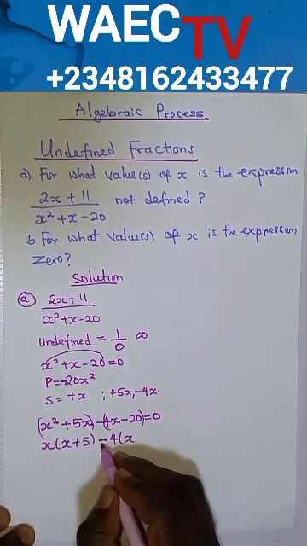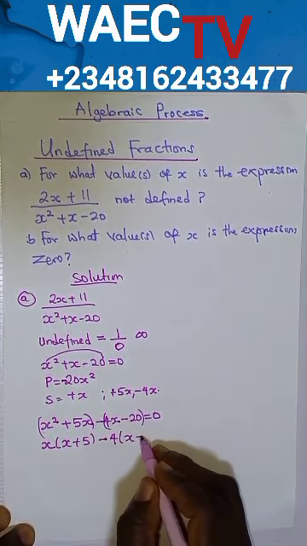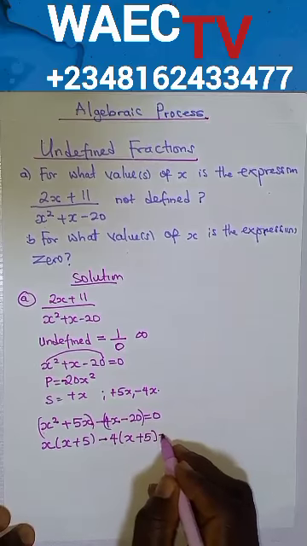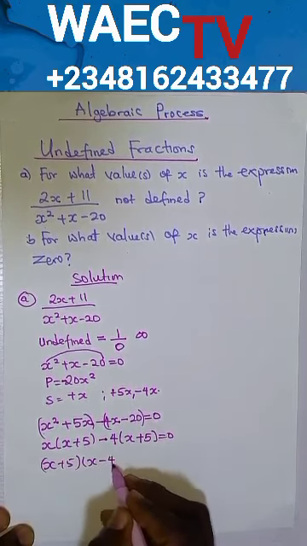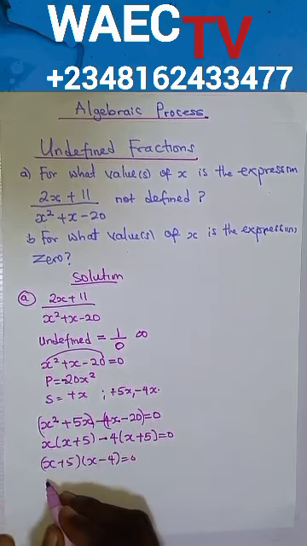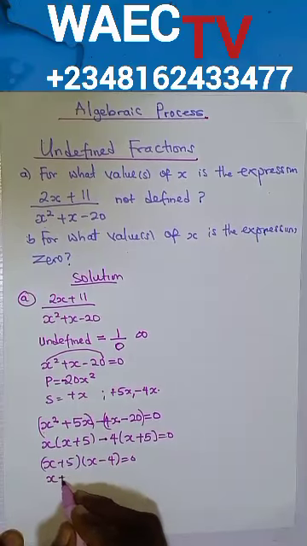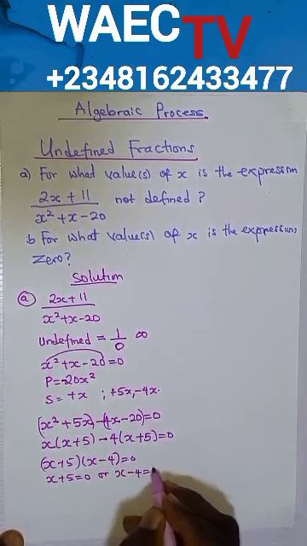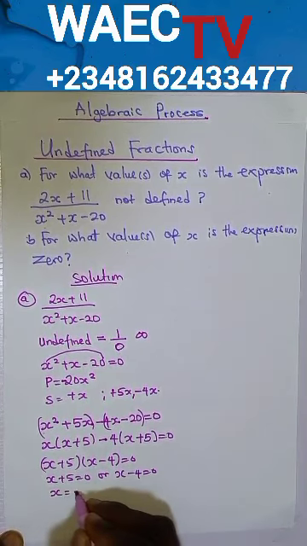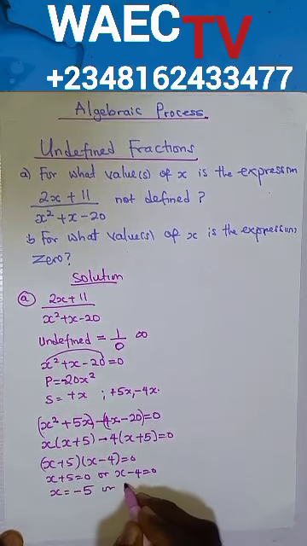Whenever you have a minus before the bracket, the sign changes. So this gives us plus 5, making it x plus 5 and x minus 4 equals 0. If we solve that, we have x plus 5 equals 0, or x minus 4 equals 0, making x to be minus 5 or plus 4.